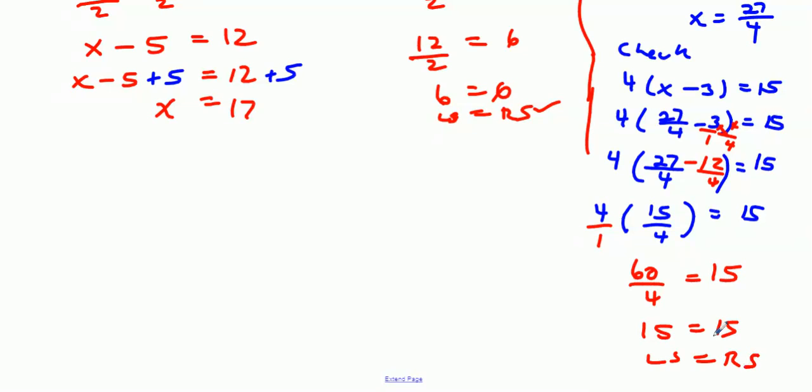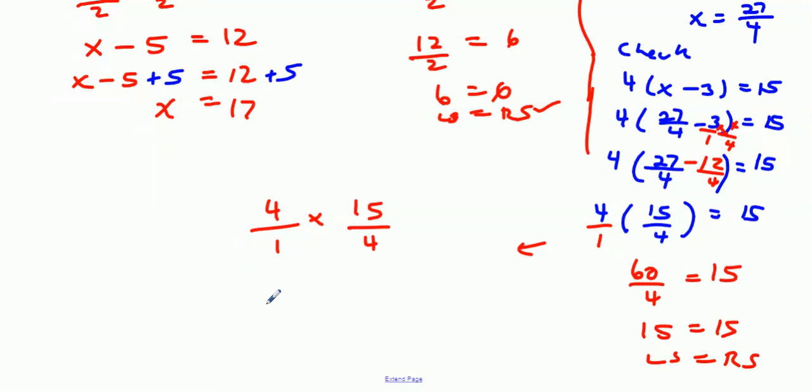I could do that. The other thing that I could do at this point is I can see that this 4 is ultimately able to be canceled with this 4, right? If I have 4 over 1 times 15 over 4, then because of the laws of multiplying numbers, it doesn't matter whether you multiply the 4 times the 15 or the 15 times the 4, you're going to get the same number.